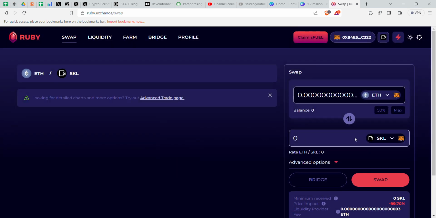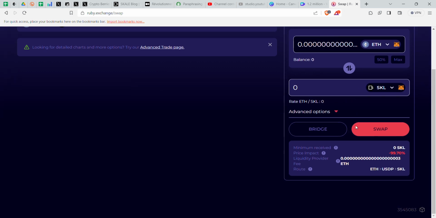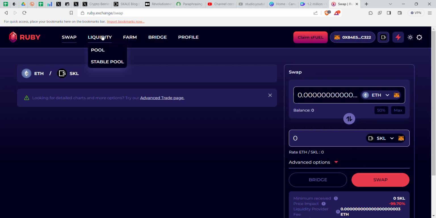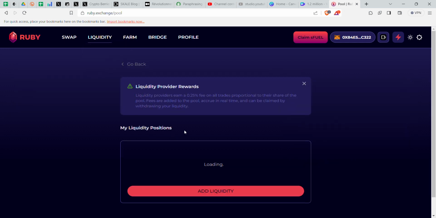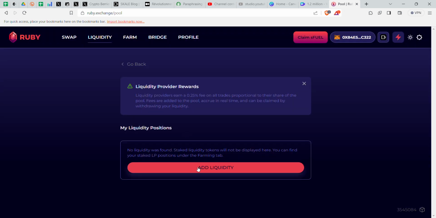You can swap from ETH to SKALE very easily. So then you can also provide liquidity. You can go to the liquidity pool to add liquidity. You can easily add liquidity.